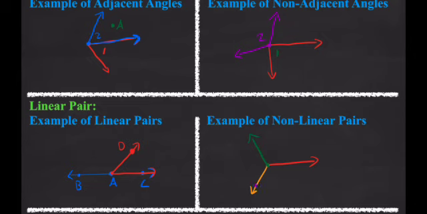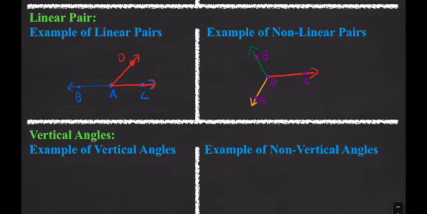Let's call this point A, this point B, this point C, and the middle point D. We have angle ADC and BDC. These two angles right here, they are adjacent, but they are not linear pairs. Linear pairs must be adjacent angles and also have opposite rays. So that is what a linear pair is.